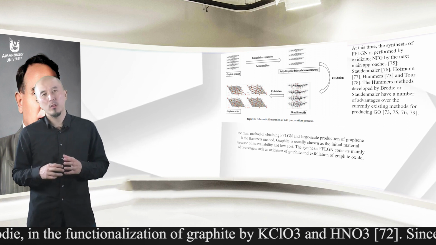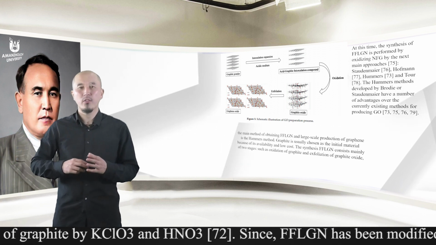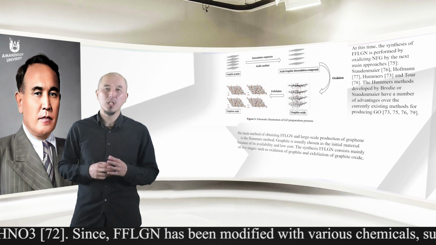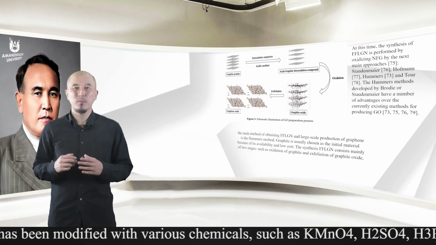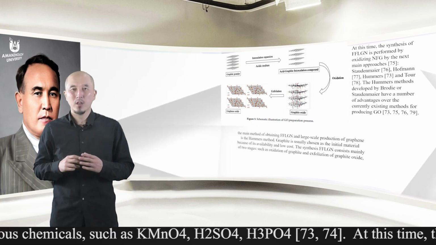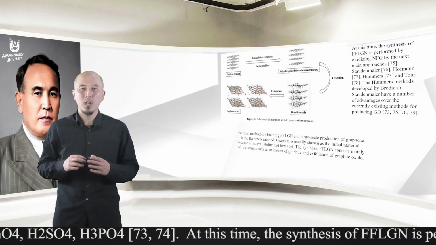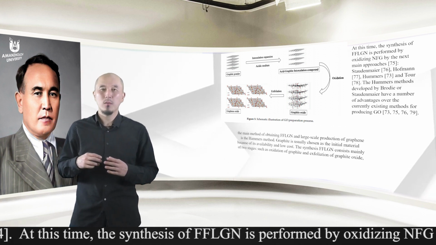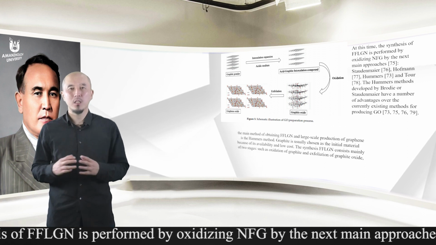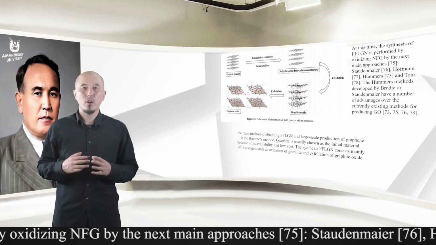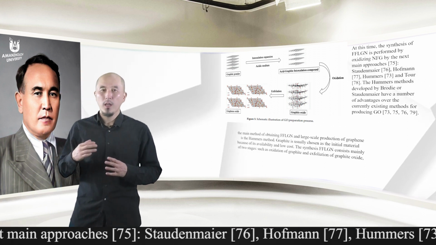The first time, 150 years ago, graphite oxide was obtained by Brodie, using functionalization of graphite by KClO3 and HNO3. Since then FFLGN has been modified with various chemicals such as potassium permanganate, H2SO4, HPO3.